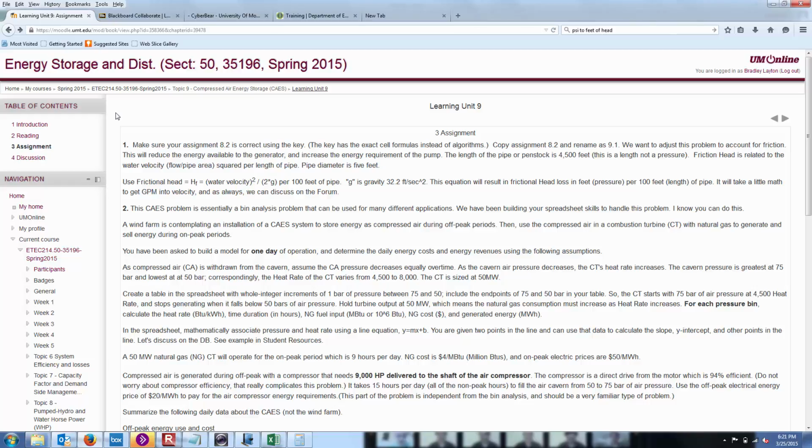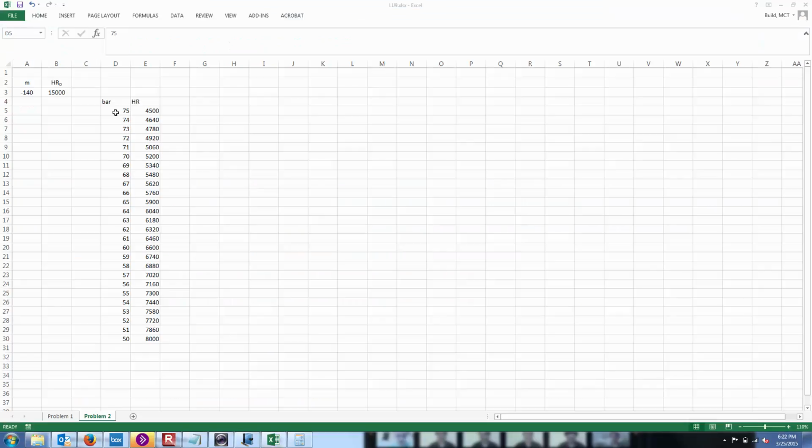Hold turbine at 55 megawatts. About 50 megawatts, okay.